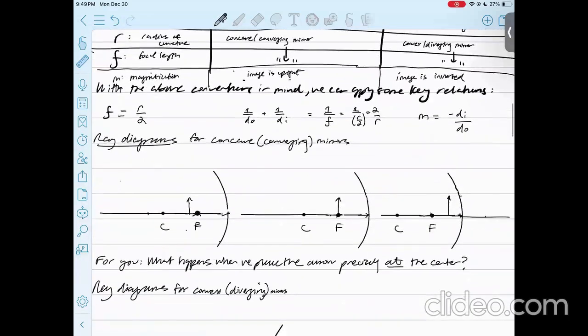Okay, so with all that background out of the way, we can finally get to drawing some ray diagrams. These are super useful. They're a little bit annoying because of how precise you have to be, but they're good for getting an idea of what's going on geometrically. And then you can verify that with use of this equation, usually.